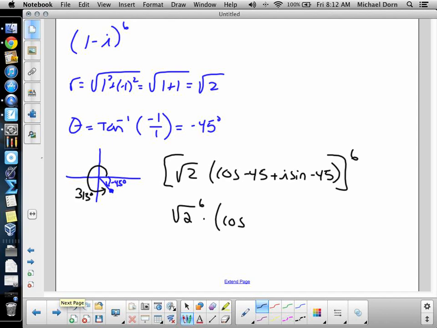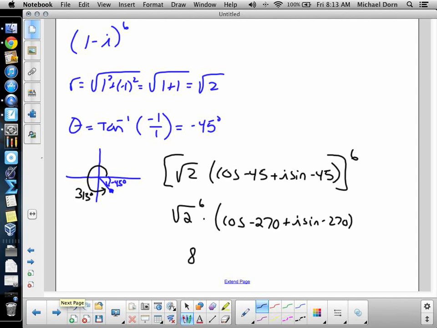Yes? Yes. Plus i sine negative 270. Okay. Root 2 to the sixth power would be 2 to the third power, or 8.